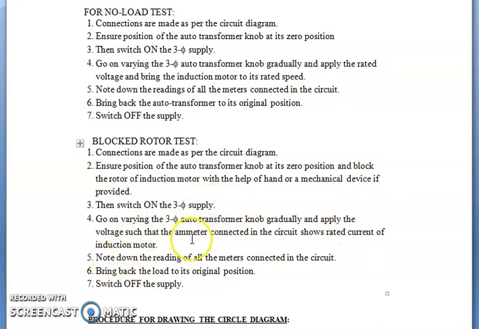Apply the voltage such that the ammeter connected in the stator circuit reads short circuit current or rated current of the machine. We have to change the auto transformer knob to vary voltage till the ammeter shows the rated current of the motor. Then we have to note down the readings of all the meters: short circuit current, short circuit voltage, W1, W2. After recording the readings, we have to bring the load to its original position. Then we have to switch off the supply.